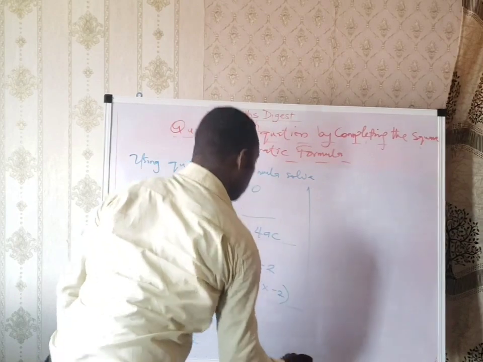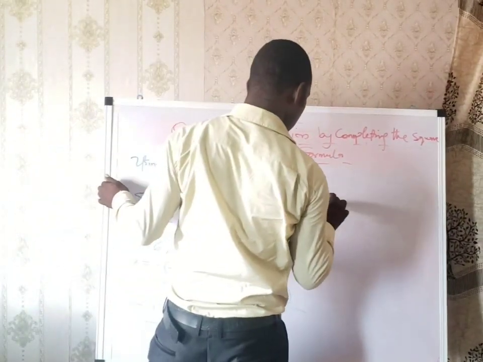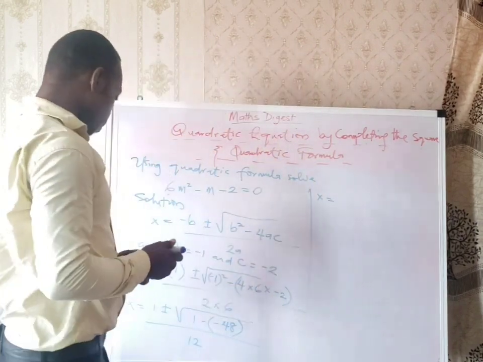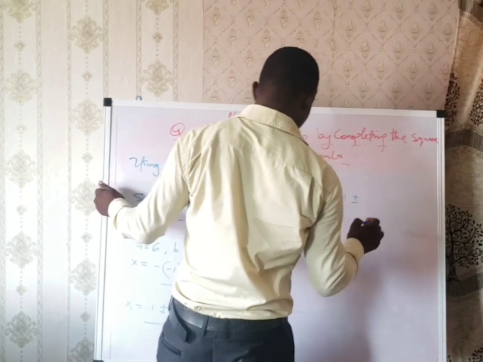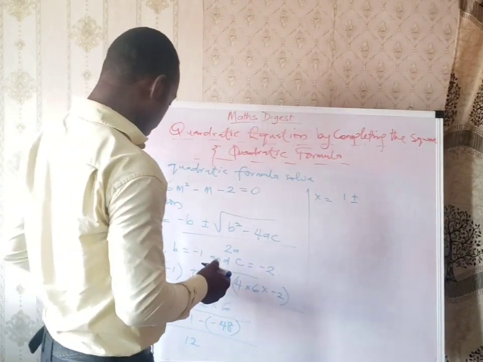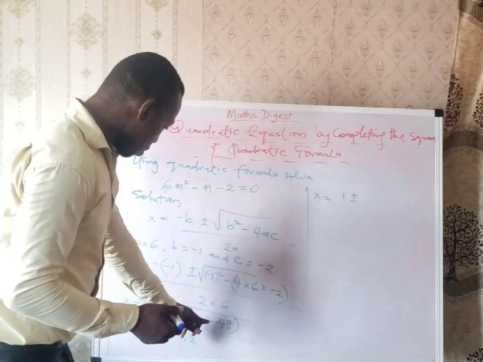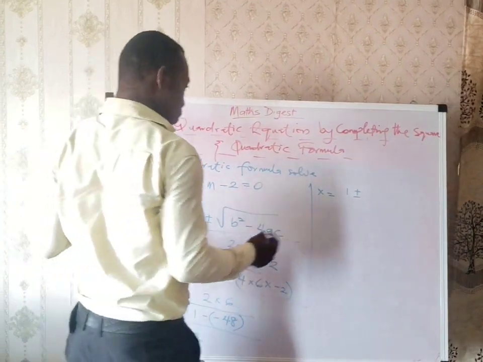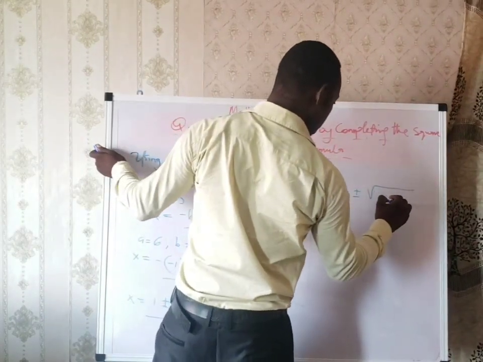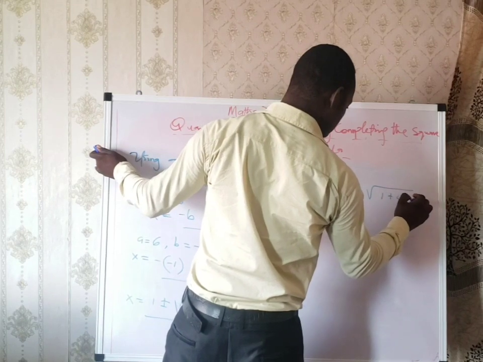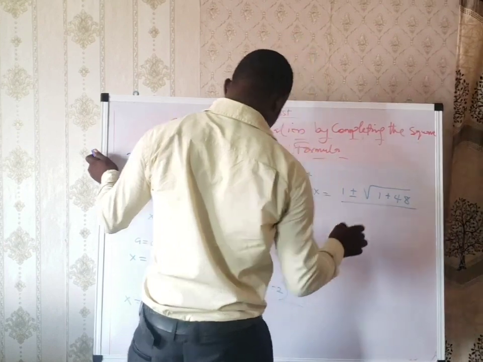Okay, with this we come to this side of the board. We have x is equal to 1 plus or minus, minus plus here will be plus, so we have in this square root 1 plus 48, all over 12.